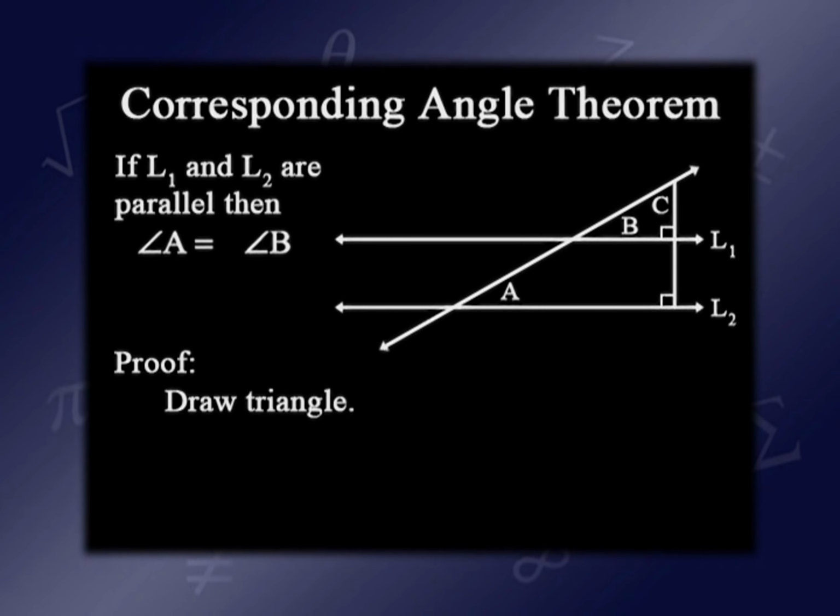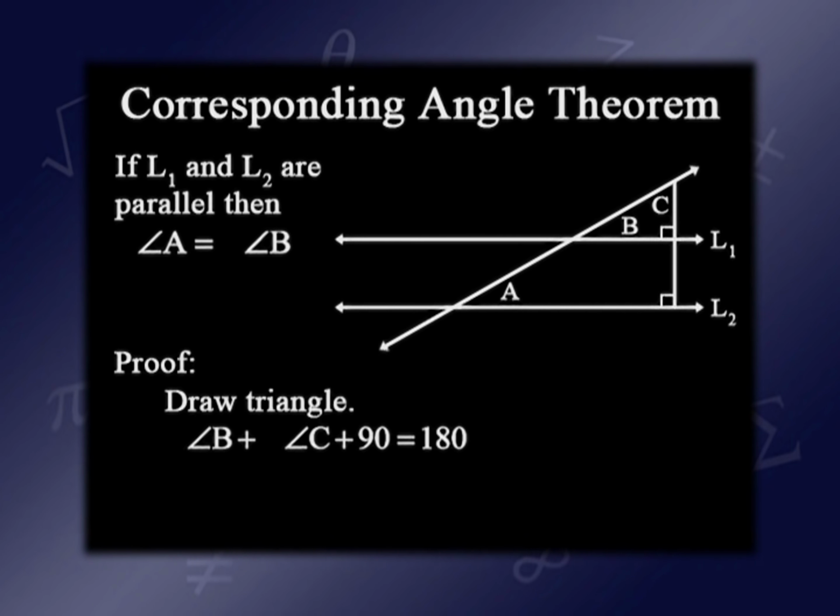Now let's look at the triangle on top, that little triangle with angle B, angle C, and that right angle. What do we know to be true about the sum of the angles of any triangle? Well, by Euclid's 5th postulate, the sum of those angles is 180 degrees. So angle B plus angle C plus that right angle of 90 degrees is 180 degrees.